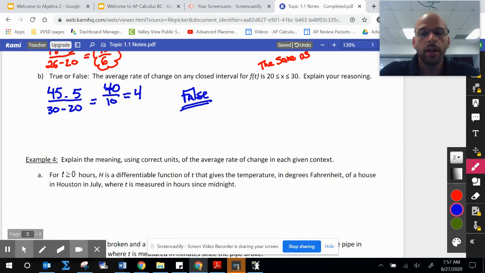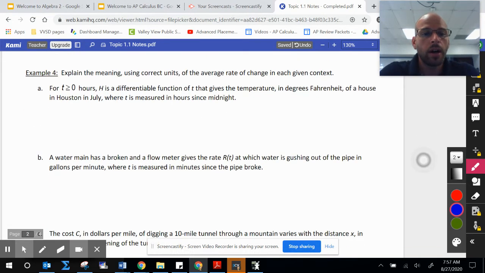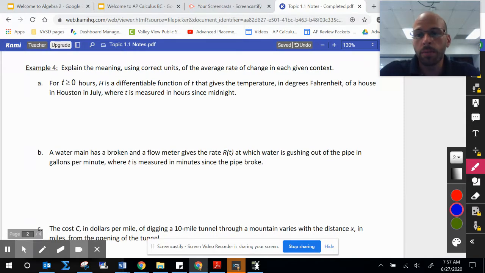Okay, now example 4, we talk about more of a verbal approach. I don't want to know necessarily what the value is, but instead I want to know what the units of measure will be. So can you explain the meaning using correct units for the average rate of change in each context?